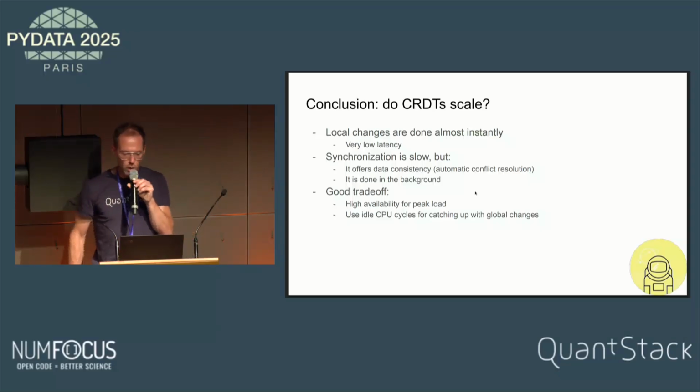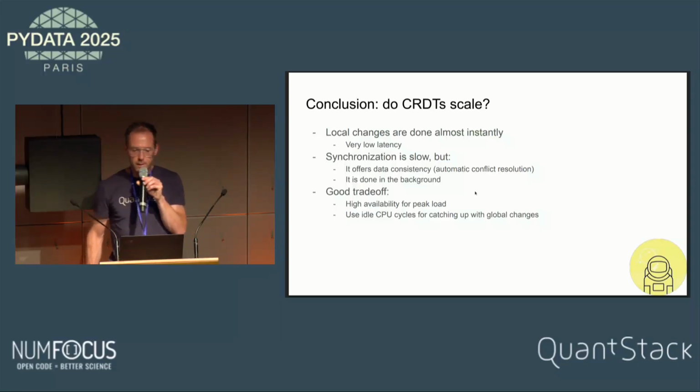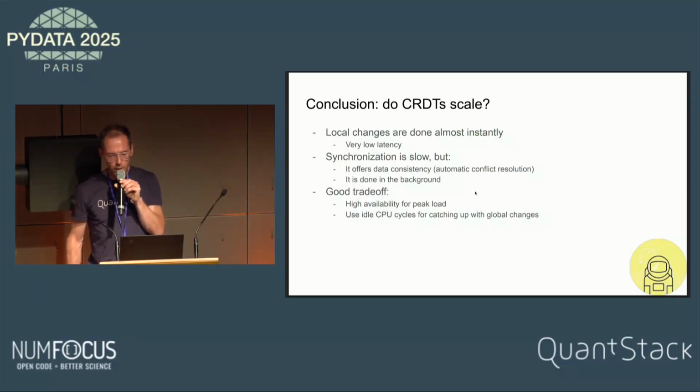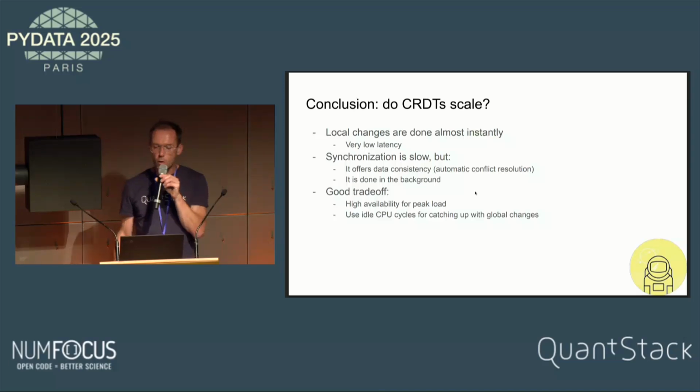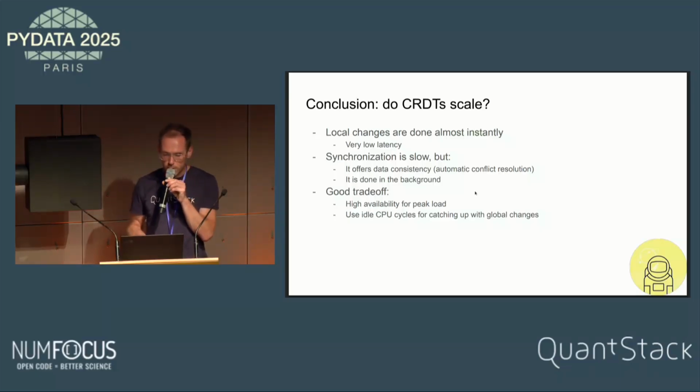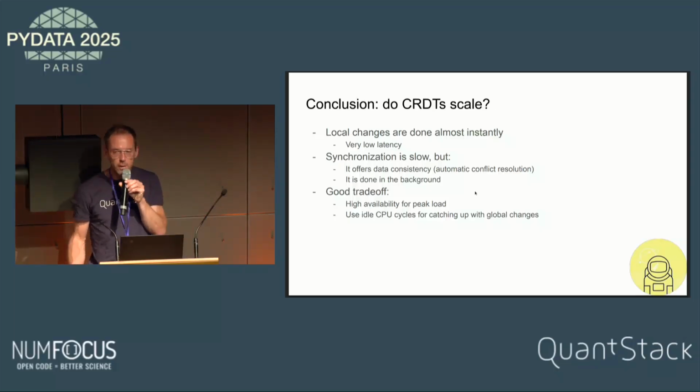In conclusion, can we say that CRDTs scale for multiprocessing? It's not obvious. Local changes are done almost instantly because CRDTs are inherently local first, so we have very low latency. Synchronization can be slow, as we've seen with these different use cases. But on the other hand, it offers a lot of services, such as automatic conflict resolution, done in the background.